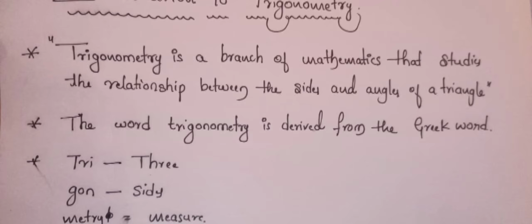The word trigonometry is derived from the Greek word trigonometria. Tri means three, gon means sides, and metry means measure. The whole chapter is about measuring the three sides of a given triangle.